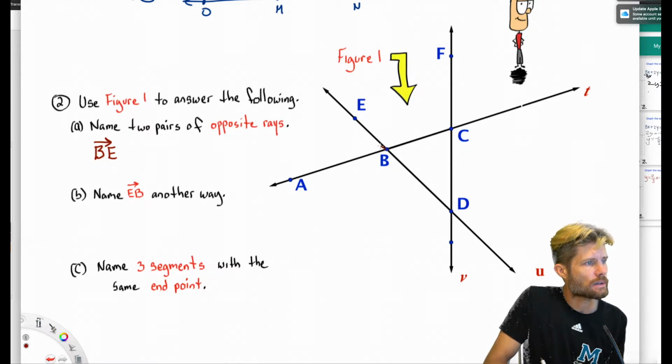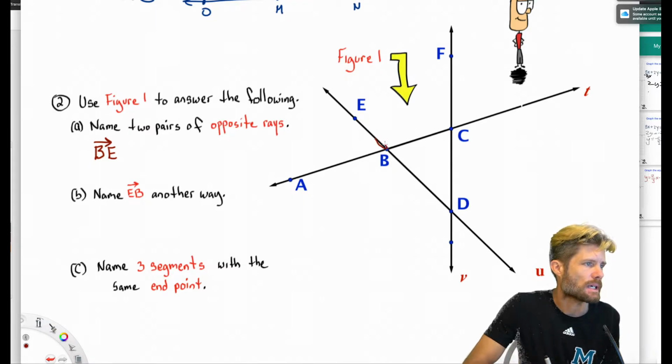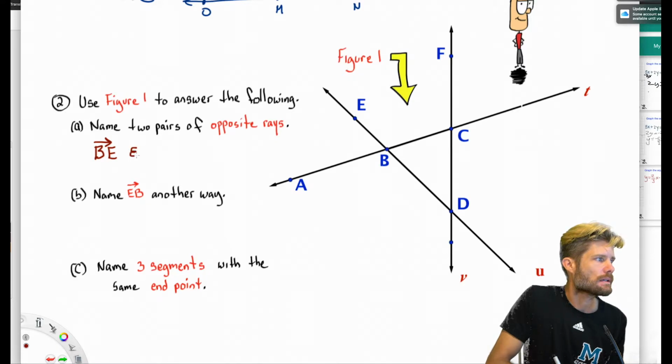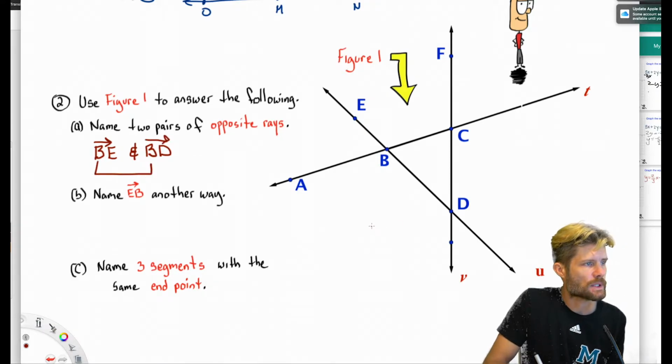So BE starts at B and it's going in this direction. All right. And what's opposite of that? BD. They have to have the same endpoint, B, and they need to go in opposite directions. So that's one pair.